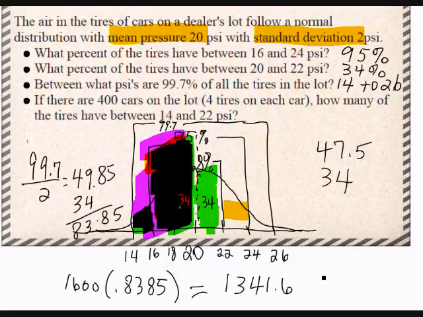I'd probably call it 1,342 tires that have between 14 and 22 psi. Okay, you'll have fun on your homework trying to do those little sections. You'll get some patterns going on.